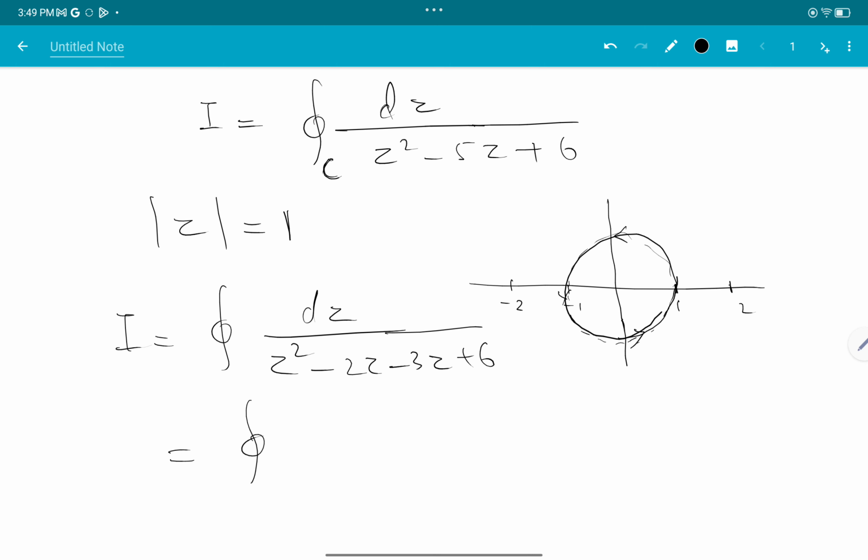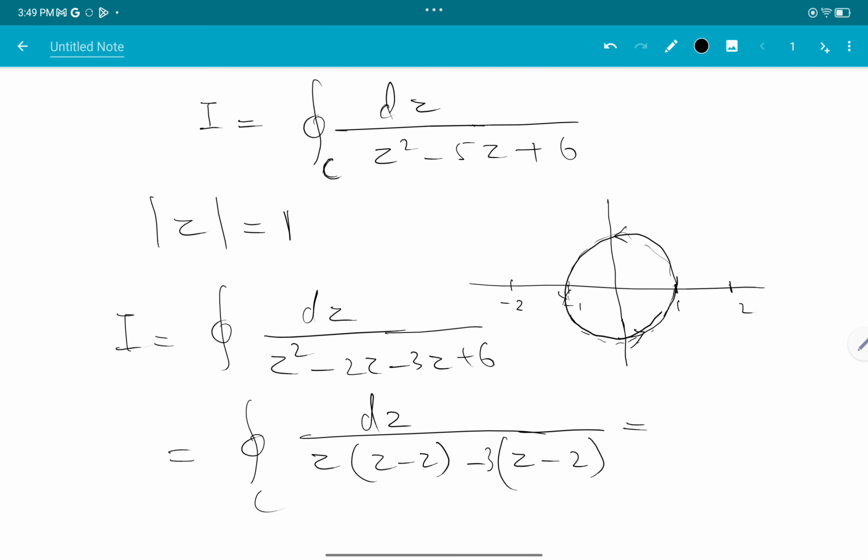Partial fractions are often required, though we don't require it here. So we have the integral of dz divided by z minus 2 into z minus 3. That is our integral.